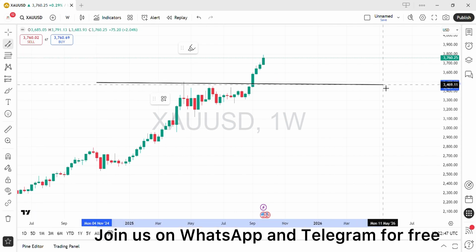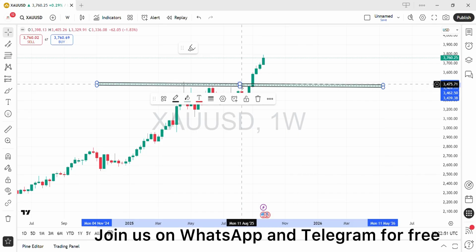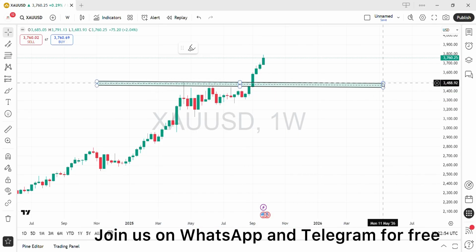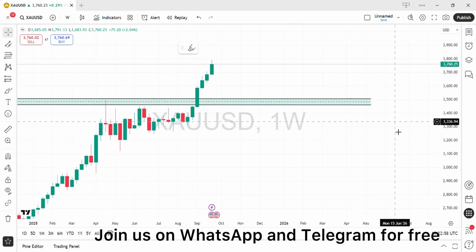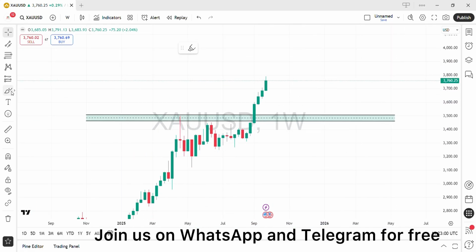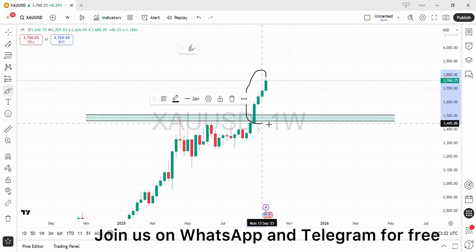Why? Because this was a monster beast resistance level, but gold has broken down this, and 4 weeks ago it has broken down this, and hence there is no retracement like that. So this is not a problem.